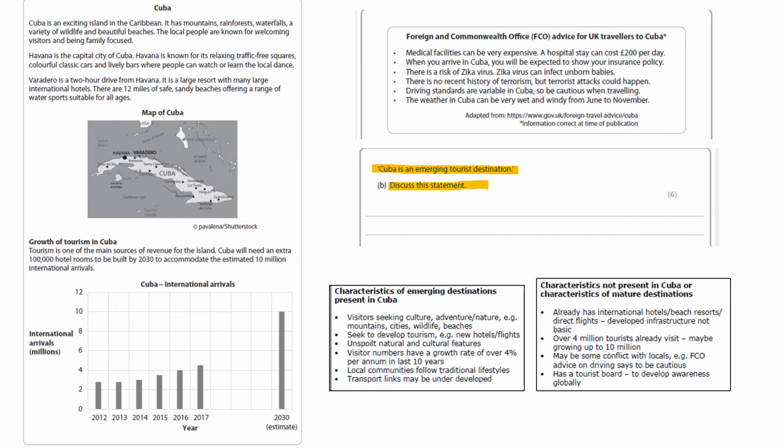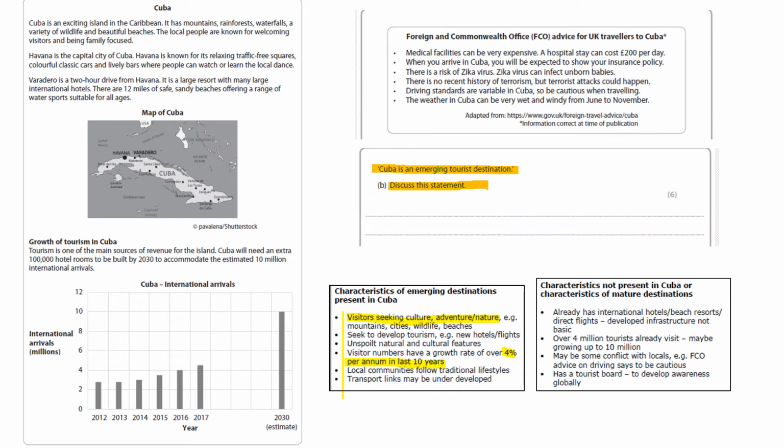What that basically means is tell me how it's like an emerging destination and tell me why it's not like an emerging destination. So if we have a look down here, we'll see there are a number of reasons why it is an emerging destination. Look at why people are actually going there. They're going there for the adventure, the nature, the wildlife. It has a rapid growth rate, and notice the best answers are going to use that 4%.